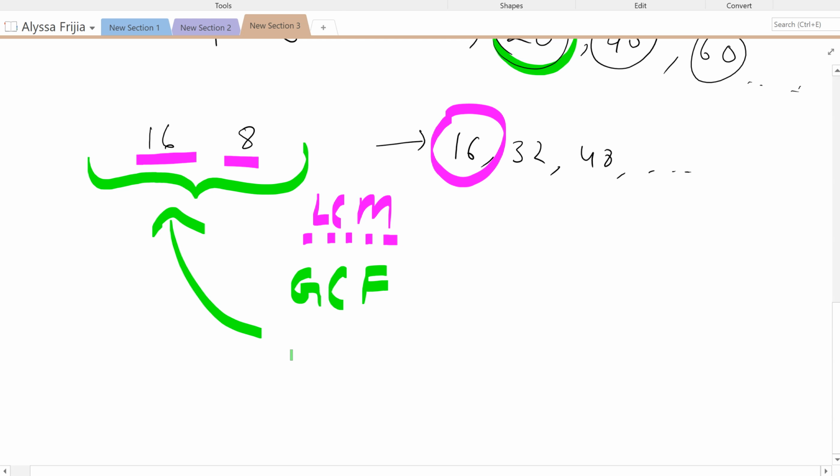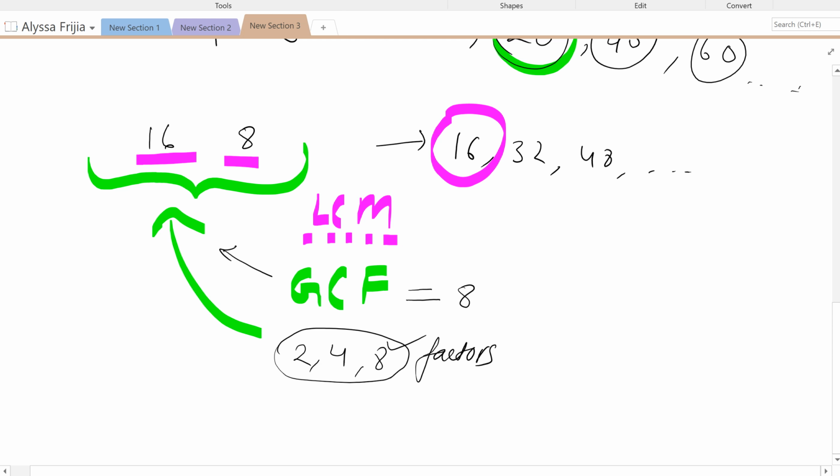Now we know that 2 divides both 16 and 8. 4 divides both of them, and even 8 divides both of them. These are the common factors, and what is the greatest common factor? The greatest common factor for them is 8.